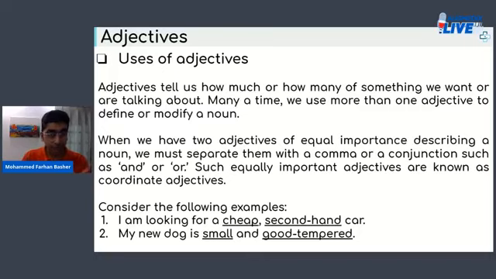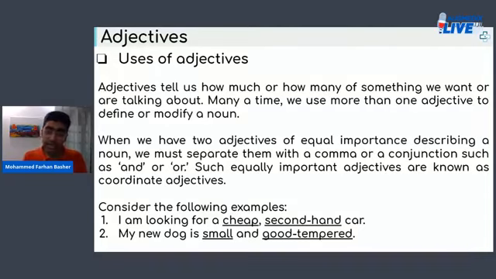So since you've come up with two adjectives that are defining the noun, you need to separate these adjectives with a comma: cheap, second-hand. Now follow, both these adjectives are equally important. The adjective cheap is in no way less important than the following adjective, second-hand.